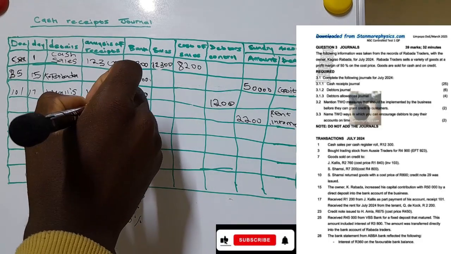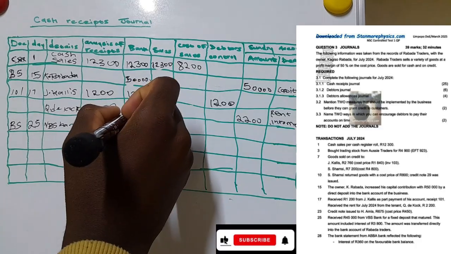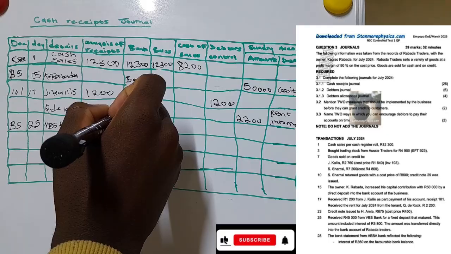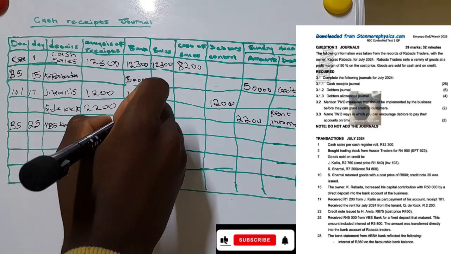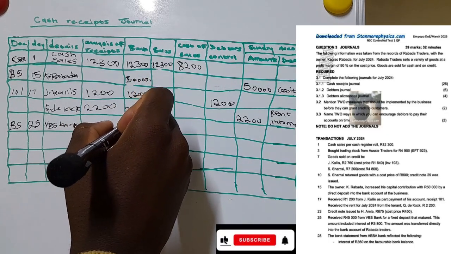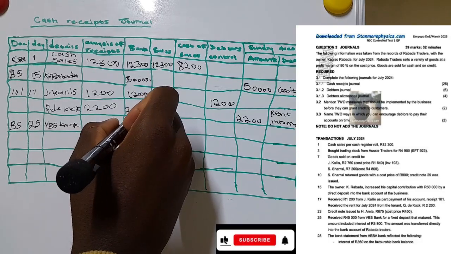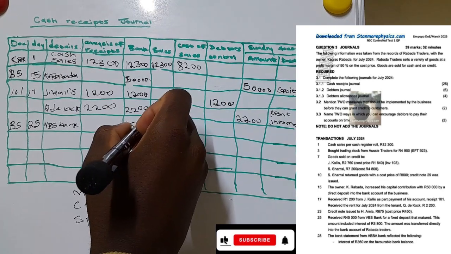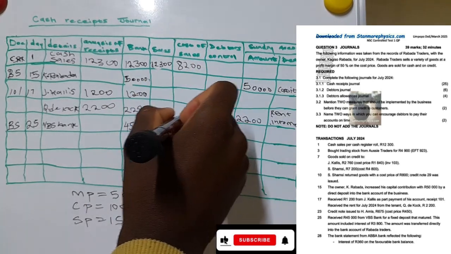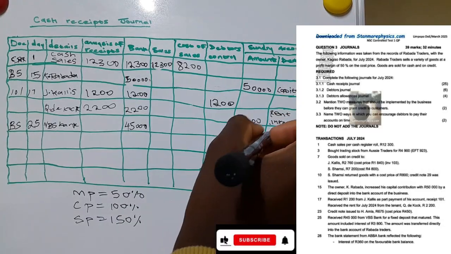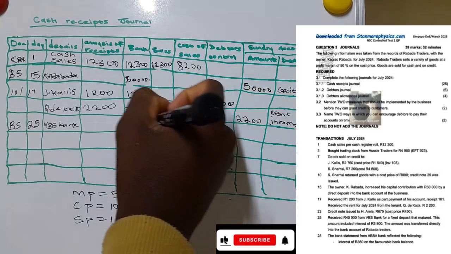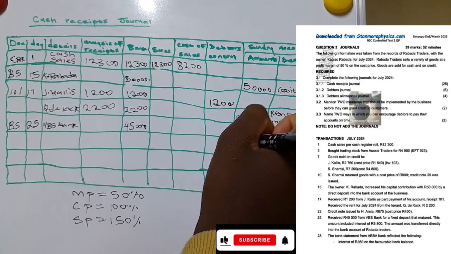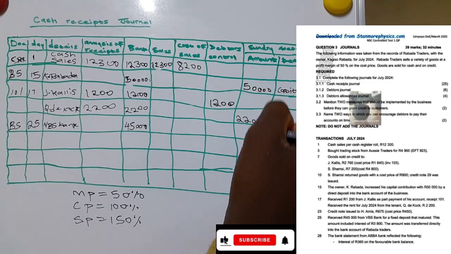Then we are not going to record this one under analysis of receipt, as this one it's our fixed deposit. So we are gonna record exactly to the bank. We're gonna record 45,000. Then here, as you see, we don't have the column that tells about fixed deposit, meaning we are going to sundry account. But as you can see there, we also have the included interest of 3,800. So we have to record that amount separately.